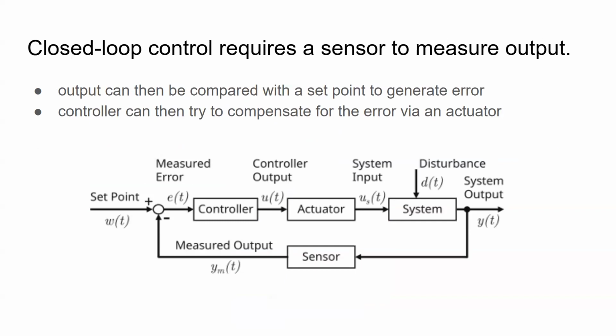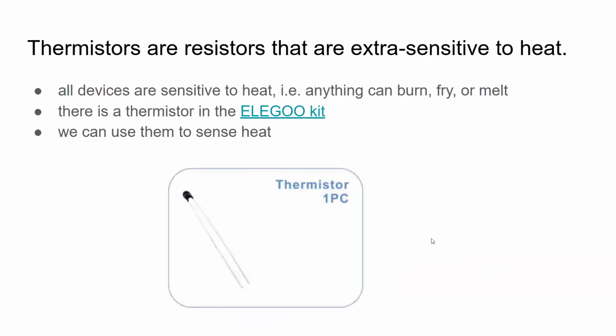Closed loop control requires a sensor. We need to measure the system output and feed that information back into the controller to cause the system to have some desired output. Here's an example of a part in our kit that we can use to measure temperature. This is a thermistor.